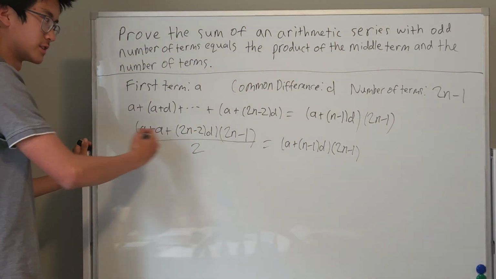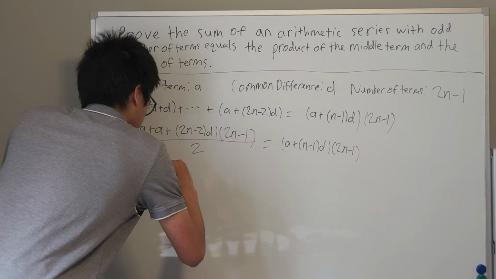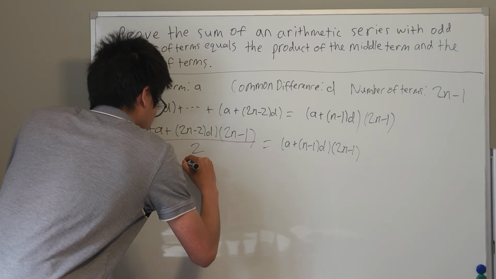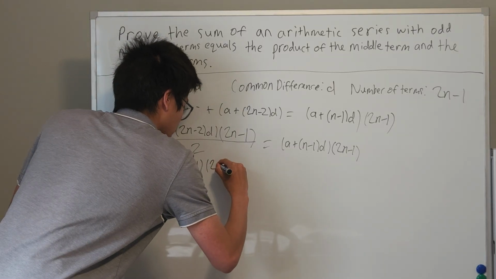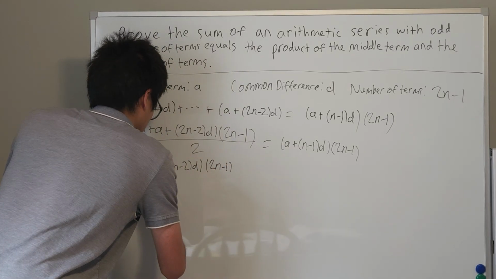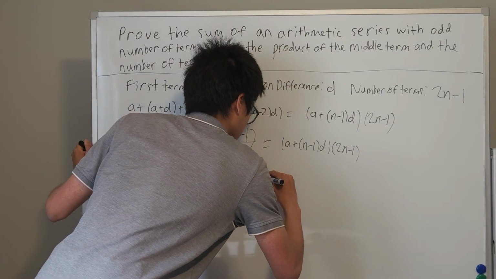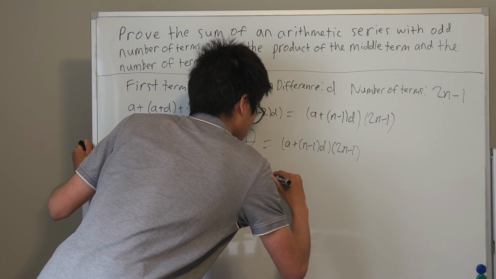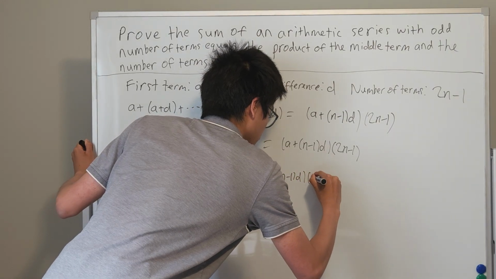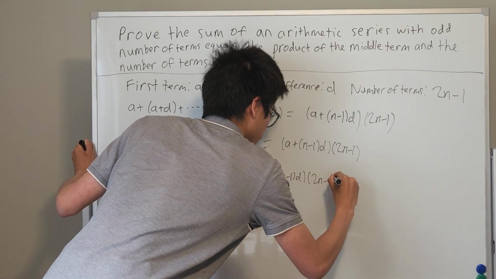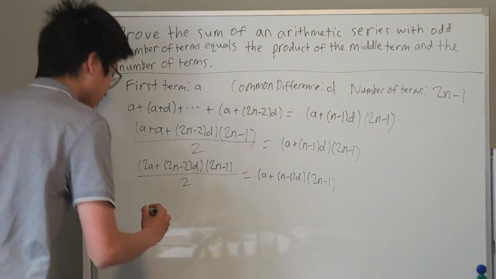We can further simplify the left side, so this will be (2a plus (2n minus 2)d) times (2n minus 1) over 2.